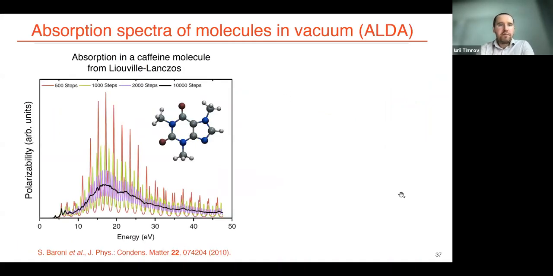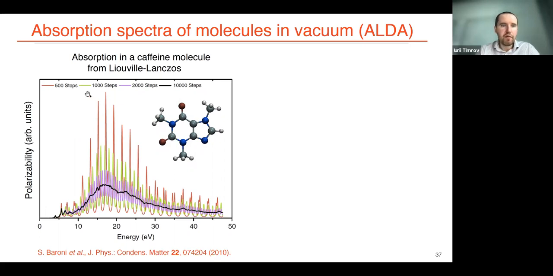Just to give you an example, with the Liouville-Lanczos method we can compute the absorption spectrum of the caffeine molecule, shown here. On the y-axis we have the polarizability that we compute. On the x-axis is the energy, the photon energy. In this figure, we see the convergence of the absorption spectrum. If we do 500 Lanczos steps, we see very big spikes. This is, of course, not a converged spectrum.